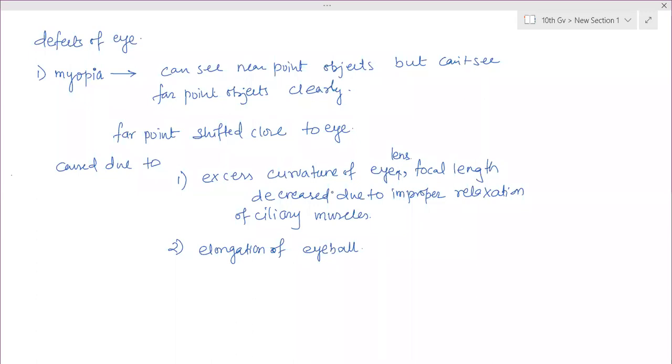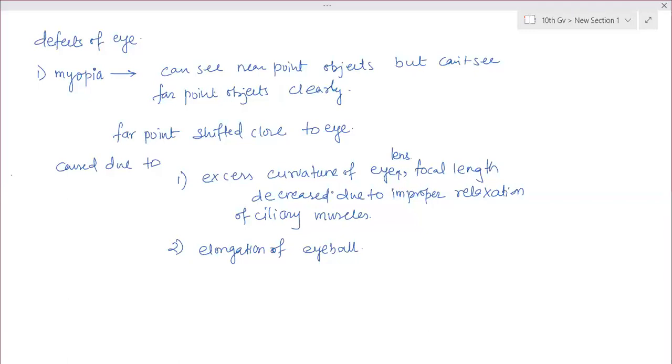The focal length, which has to be increased to infinity, is not increasing; it is decreased. So the far point becomes closer, near about 100 meters. The ciliary muscles are able to relax only enough to change the focal length till 100 meters. The far point was first infinity; now it has changed to 100 meters.